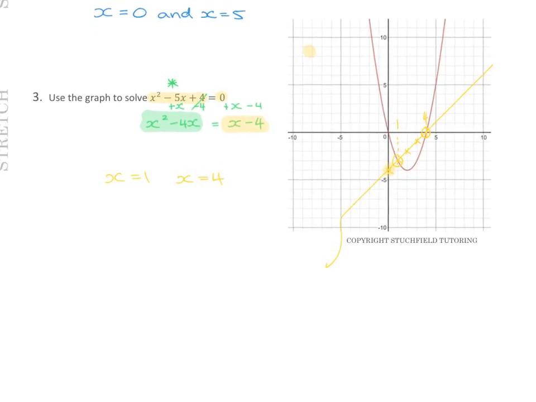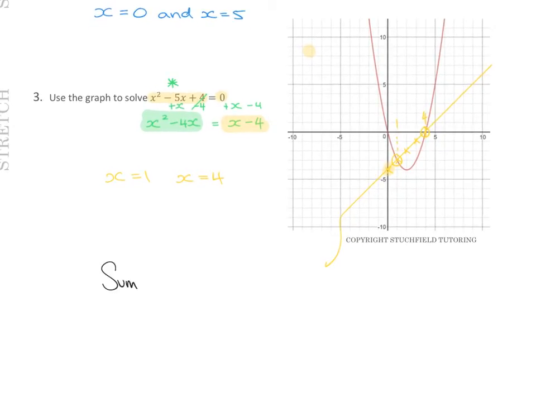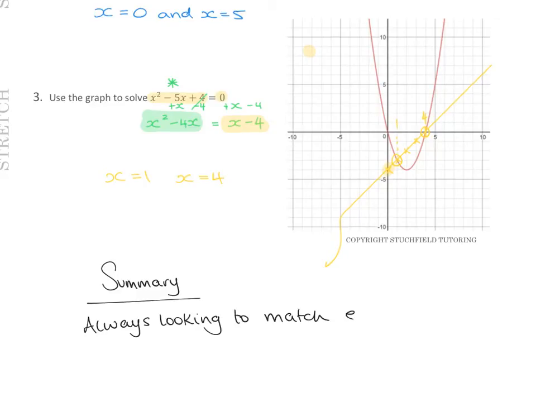Okay, so our little summary. So we're always looking to match our existing graph. Okay, so we have a green light if it matches.